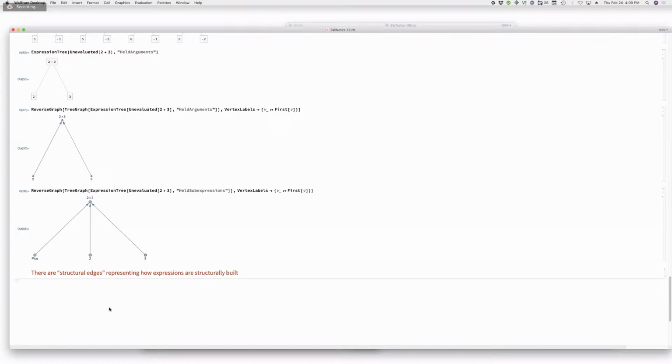Then we've also got, separately, evaluation edges representing actual transformations. So what's the input to the actual transformation? My argument would be here, the input is plus, because that's the thing that has the down code, whereas if there was an up value, the input would be from further down in the tree.